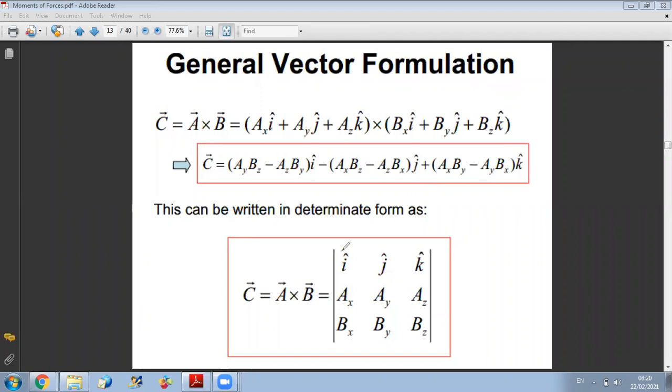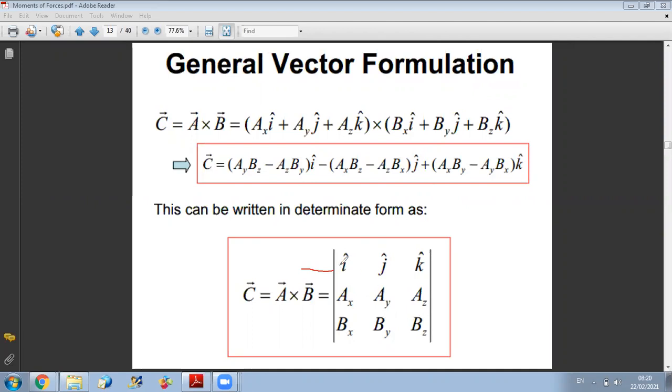I can put the vectorial product in a matrix form. The first line will be i, j, k. The second line will be ax, ay, az. And the third line will be bx, by, bz.